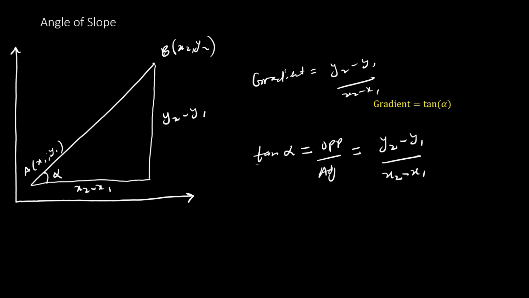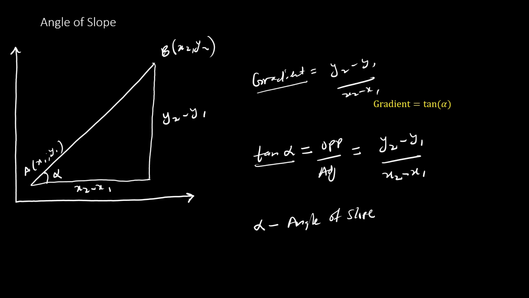We can see that tan alpha and gradient give us the same thing. So we refer to alpha as the angle of slope. Simply the angle that the line makes with the positive x-axis, that is the angle of slope. So another representation of gradient is tan alpha.